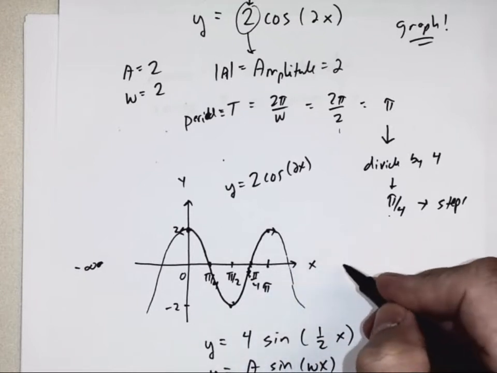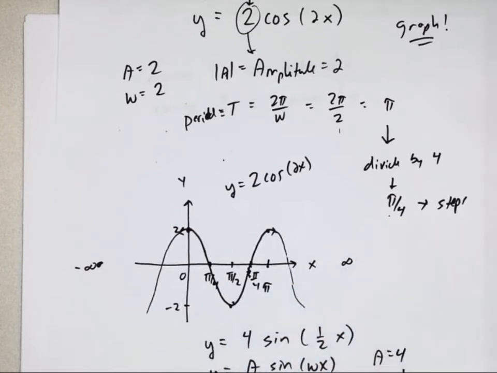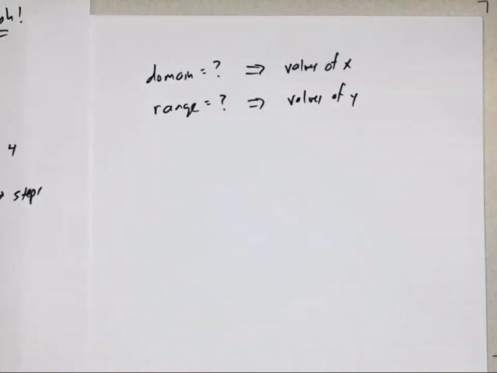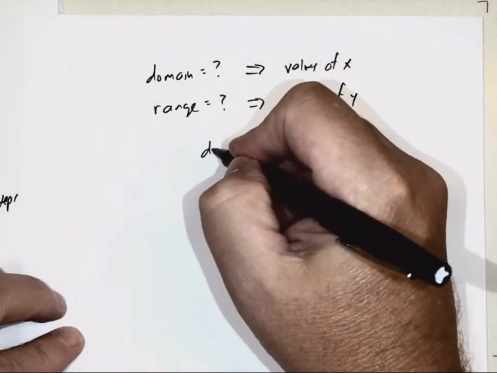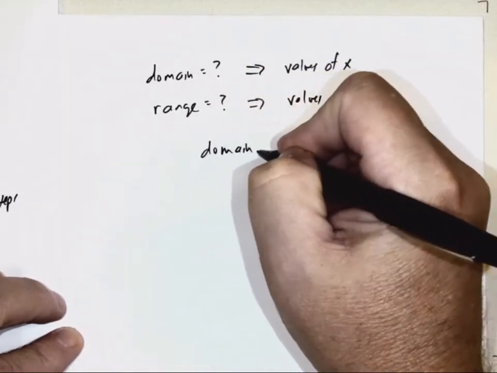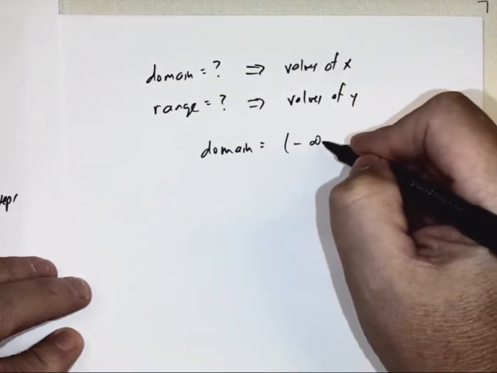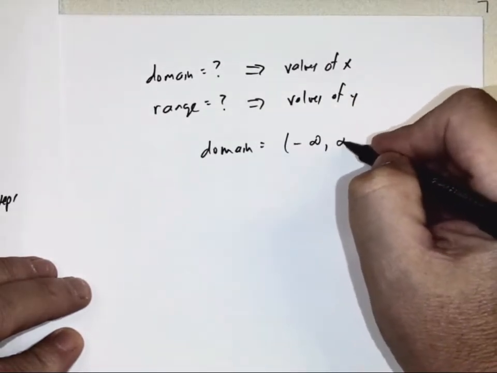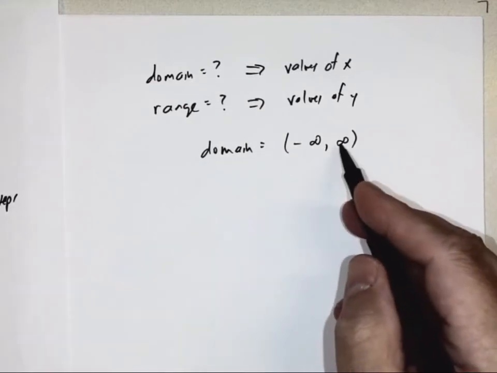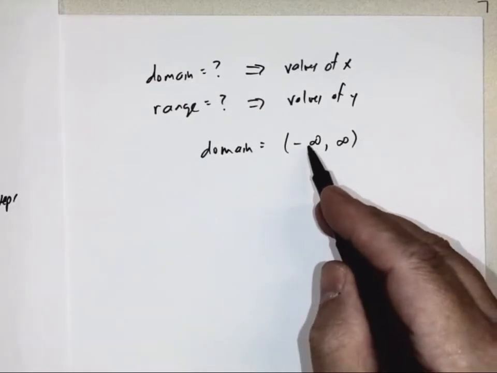Well, it goes on forever, which means it goes to infinity. So for this graph, you would say the domain, written as an interval, is parenthesis, negative infinity, comma, infinity. Interval notation: negative infinity to infinity.